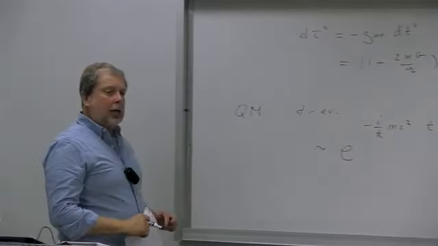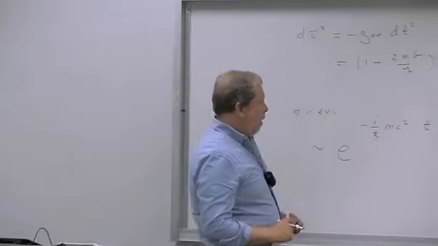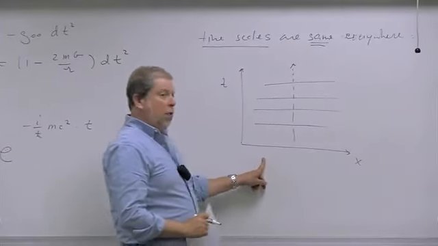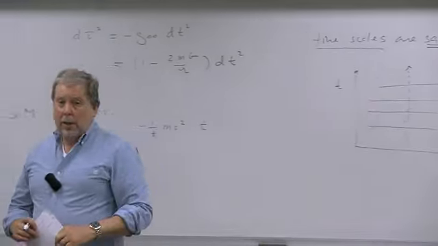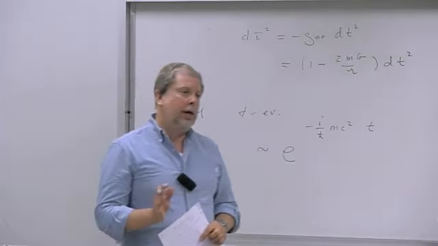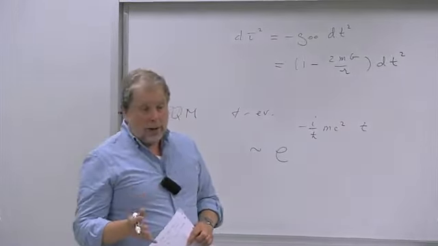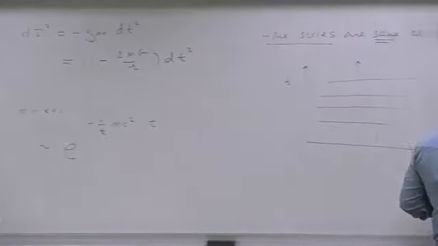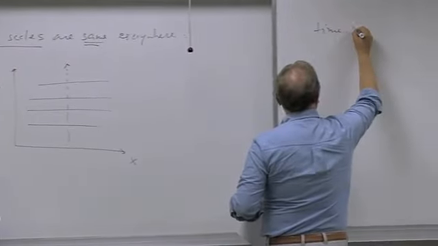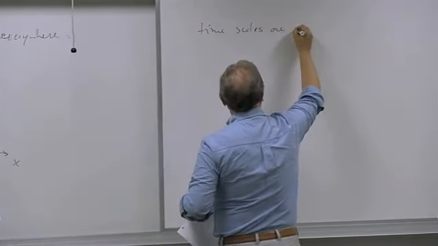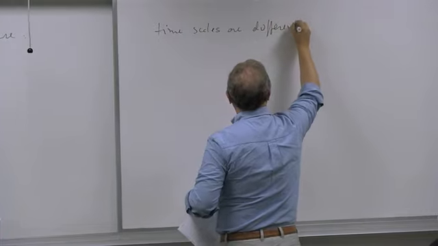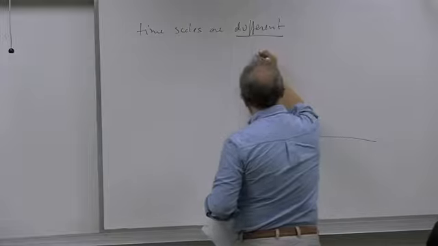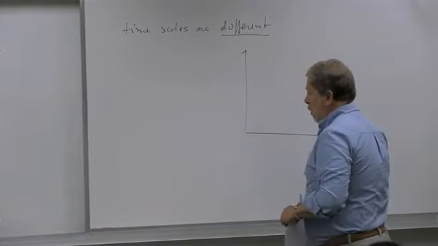Now, if the time scales are different at different locations, so if the time scale is different at this x from what it is at that x, then of course the particle will move in the direction where the gradient of the phase is the largest, right? So if the time scales are different, then the particle will no longer move on a straight line.